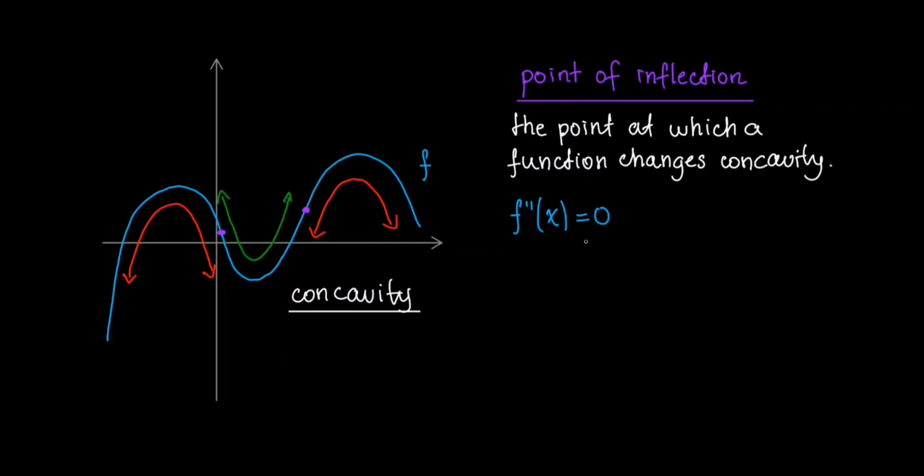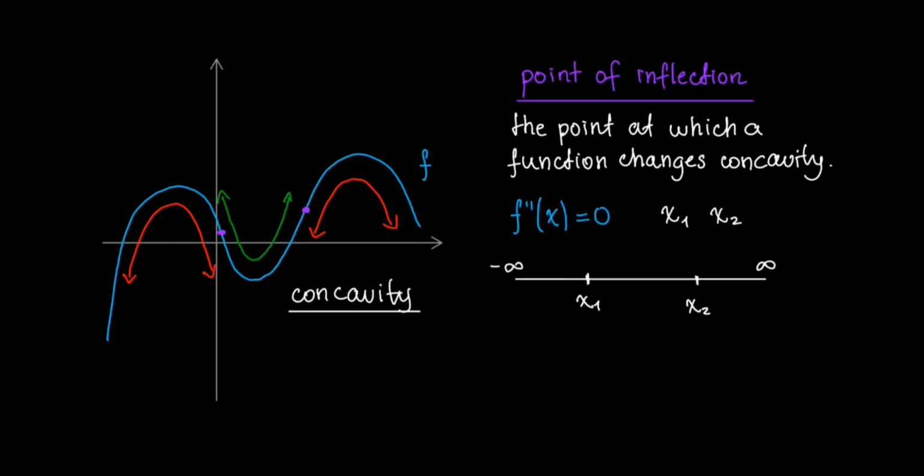Let's say solving the second derivative equals to 0, we get two answers, x1 and x2. Again, just like the maximum and minimums, we can put these points on a number line. Once again, putting it on a number line, we get three different intervals.